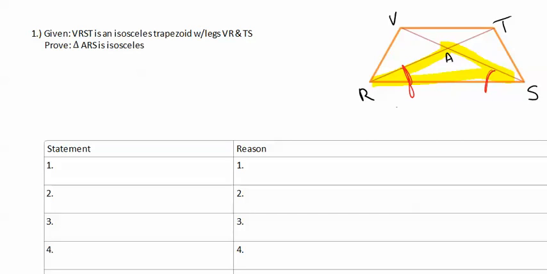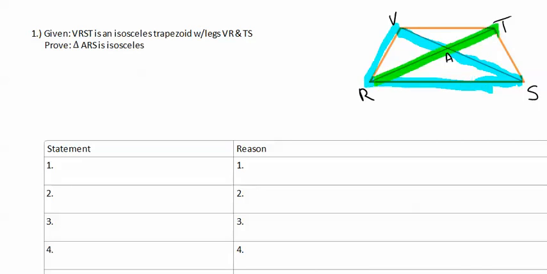So let's maybe look at a bigger picture. If we look at the bigger picture, we see that this angle right here, which could prove the isosceles triangle, is also a part of this bigger triangle, as is this one right here, and those lower base angles would be congruent.